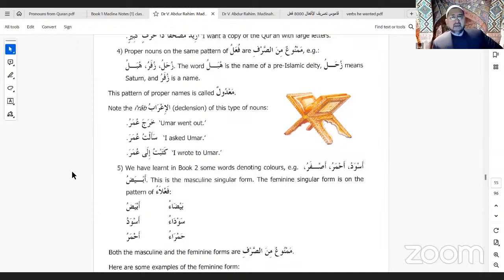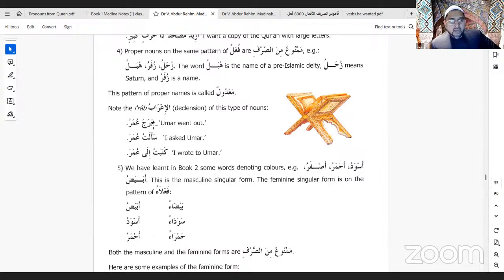So what he's trying to say, in Arabic, we call them mamnu'un min as-sarf. They are diptote nouns. All diptote nouns, in other words, like Umar, Adnan, Sha'ban, Ibrahim, if you've got a pen and paper, you can write this down. All diptote nouns don't take tanween, neither do they take kasra, tanween and kasra.